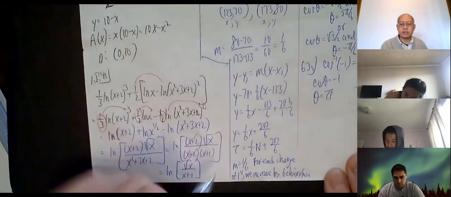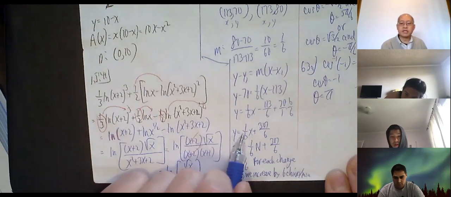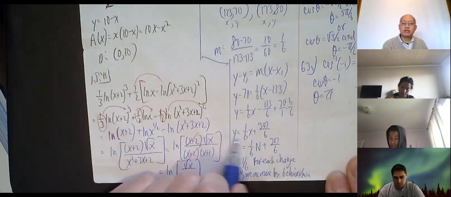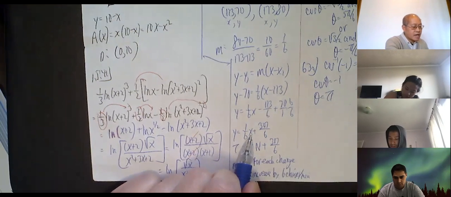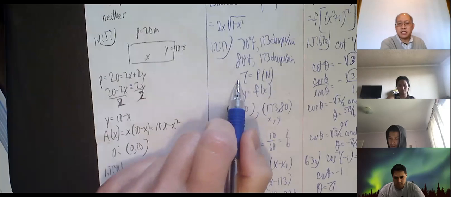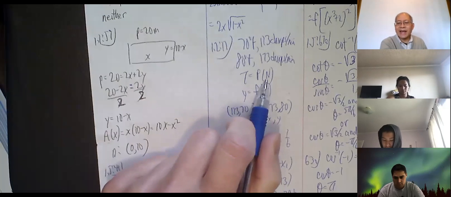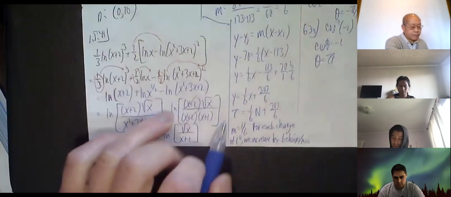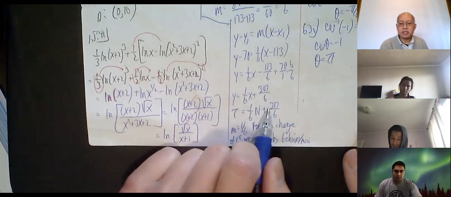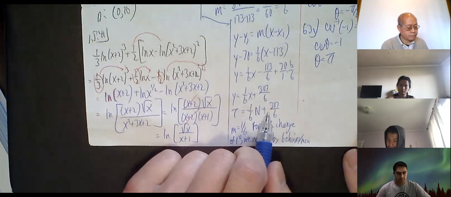So here's the weird equation. y equals 1/6 x plus 307 over 6. Okay. And now change it back because we said x is functioning like n, y is functioning as t. So change x to n, change y to t, and there's the equation. Temperature equals 1/6 n plus 307 over 6.